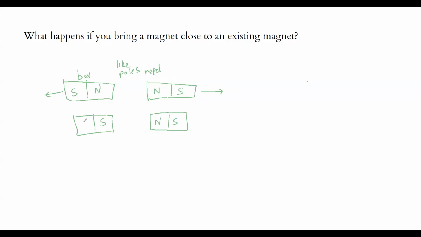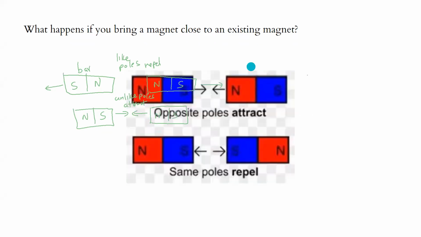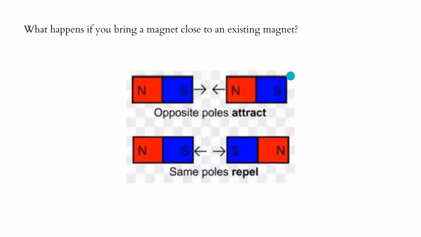So unlike poles will attract. That is the basic rule for magnetic poles: like poles repel, and unlike or opposite poles attract.